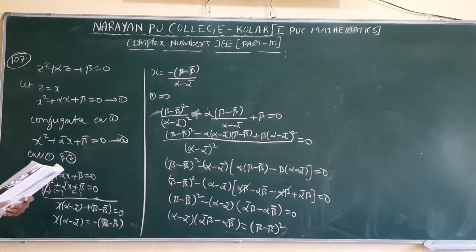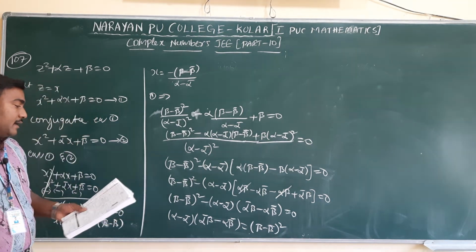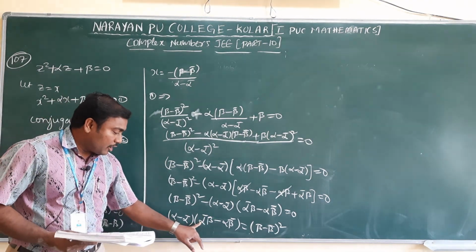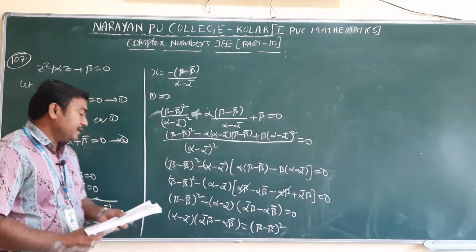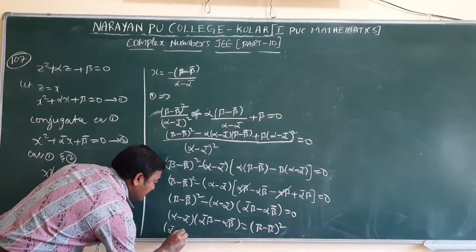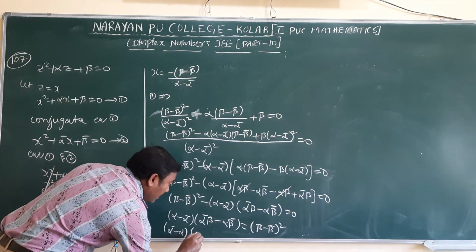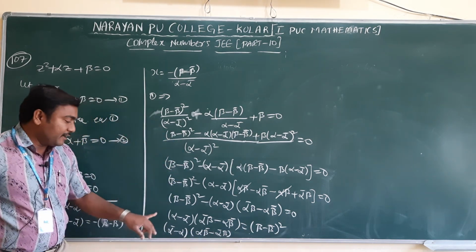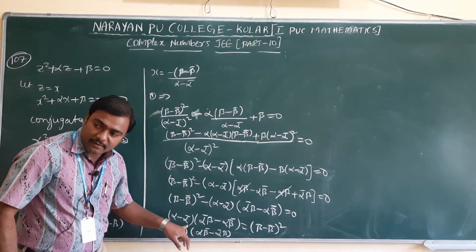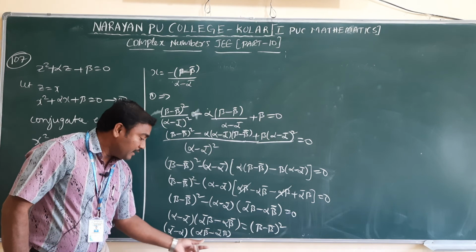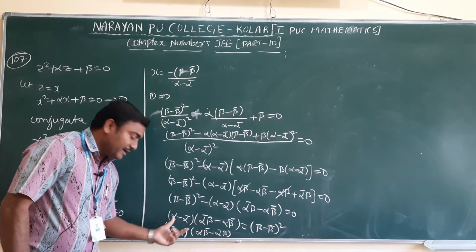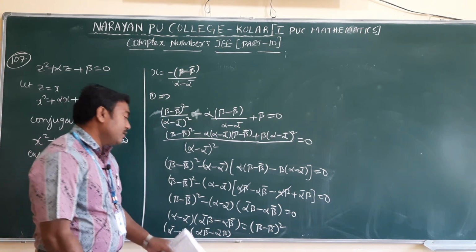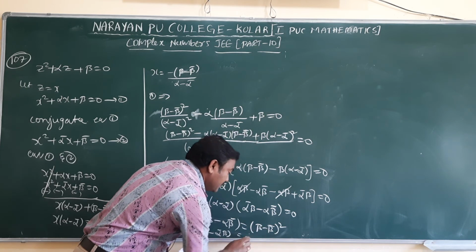Here the options are given as alpha bar minus alpha. Here we have to take common minus, and here also we take common minus, so we get plus only.